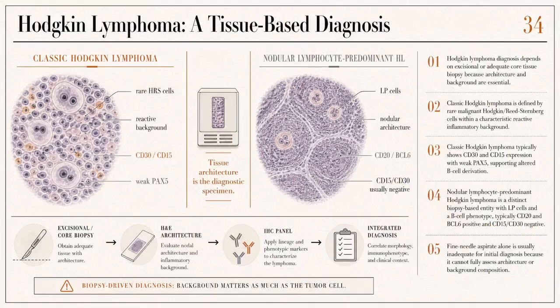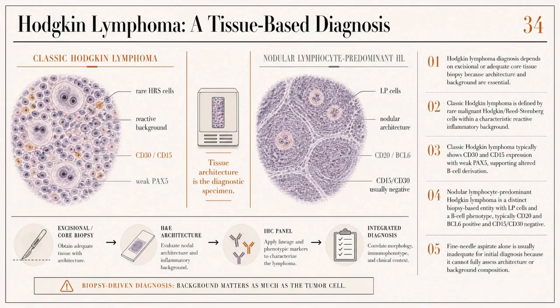As we transition into the critical topic of Hodgkin lymphoma, it is essential to recognize that this disease exemplifies the indispensable role of tissue-based diagnosis in hematopathology and histotechnology. Hodgkin lymphoma, a malignancy primarily involving lymph nodes, cannot be definitively diagnosed through peripheral blood or bone marrow aspirates alone.